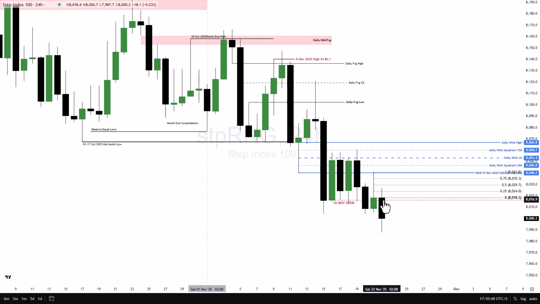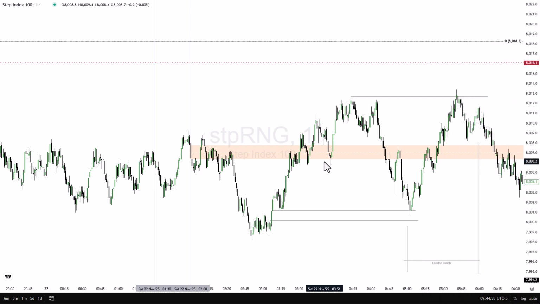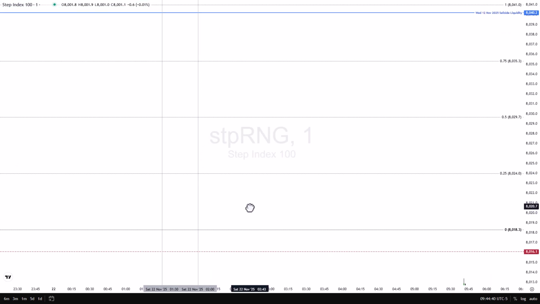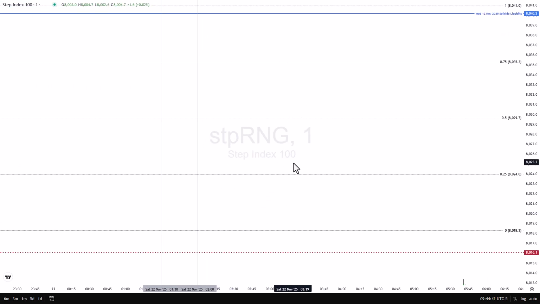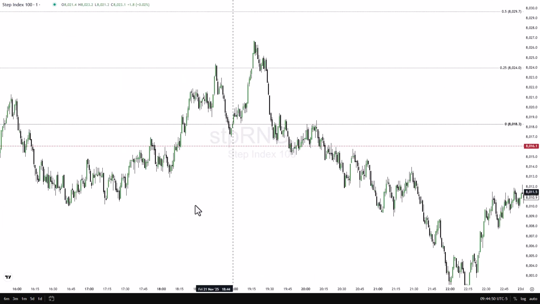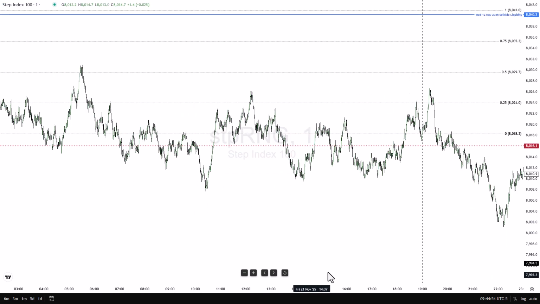So I hop over to the lower time frames. Step index on a 1 minute time frame. I just want to scroll up to show you that these are the quadrant levels of the daily time frame now transposed to the lower time frames. If we scroll back, I just want to show you guys what happened with the 50%.